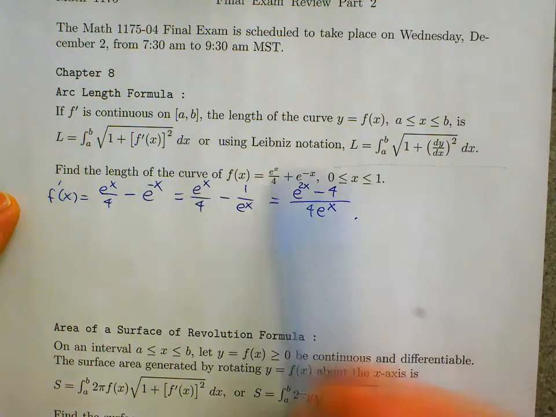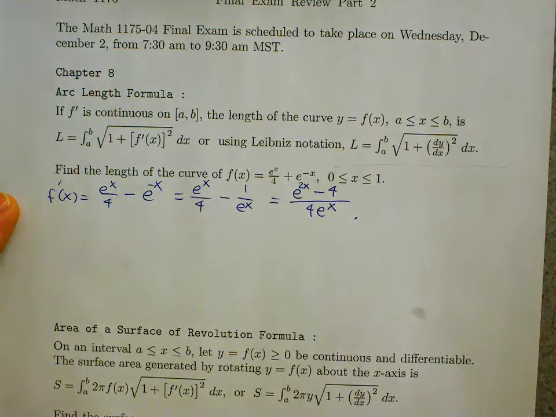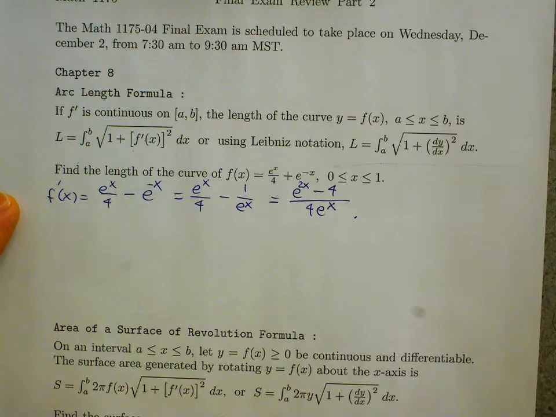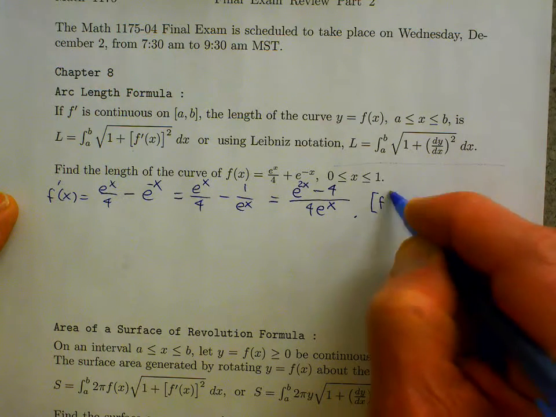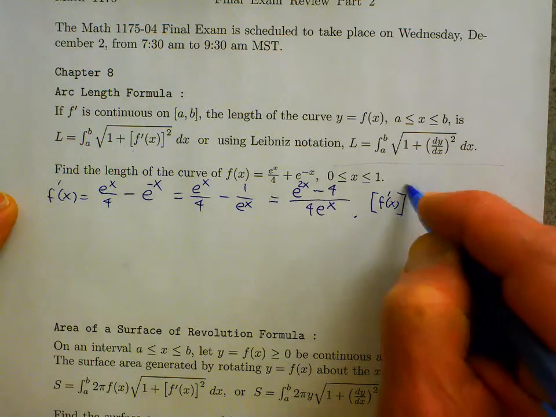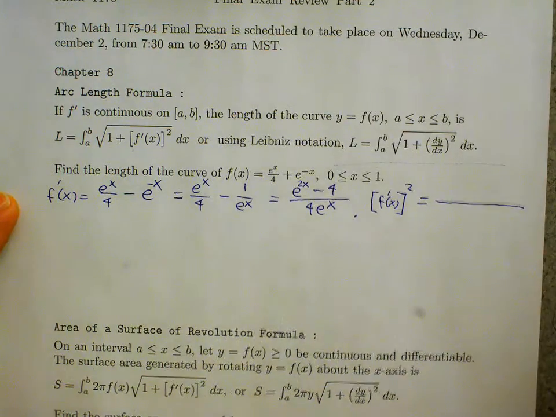Okay, we have to square this and then add 1 to it and put that inside the square root. So let's go ahead and square f prime of x first. This won't be too hard.